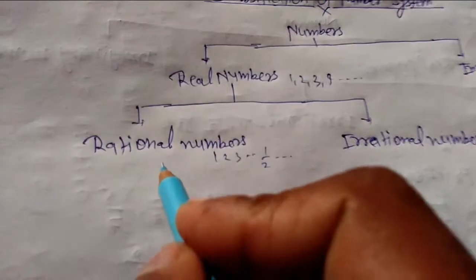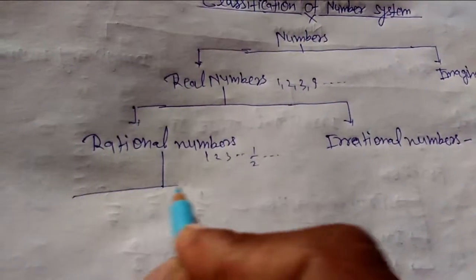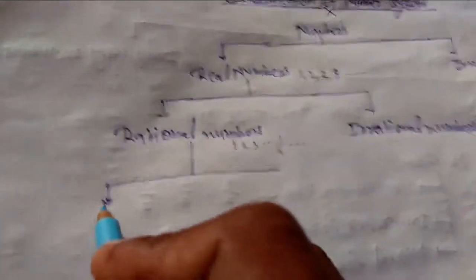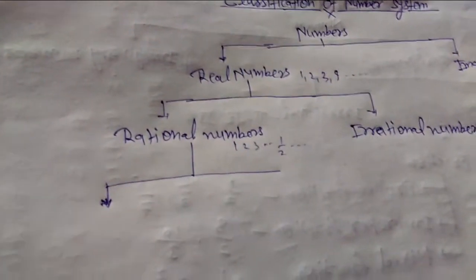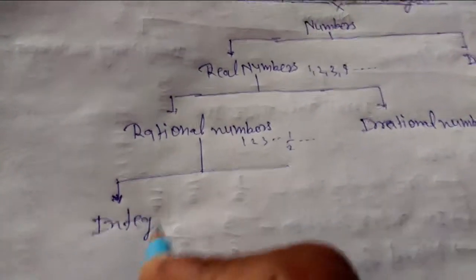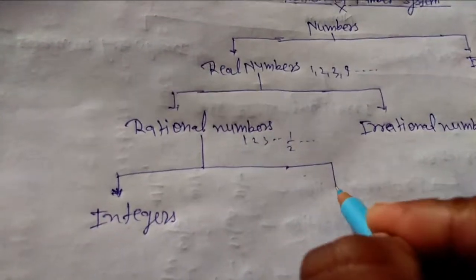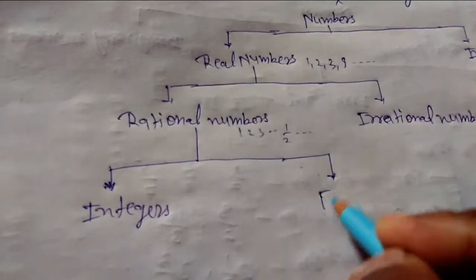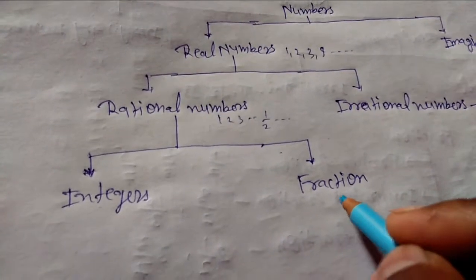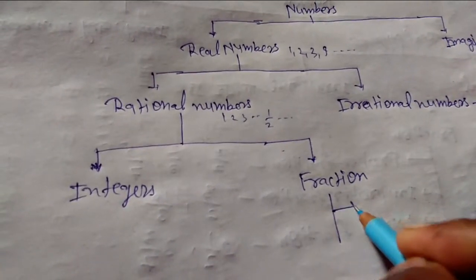And rational numbers are further divided into two parts. Number one is integers and second is fractions. Fractions are further divided into three parts.